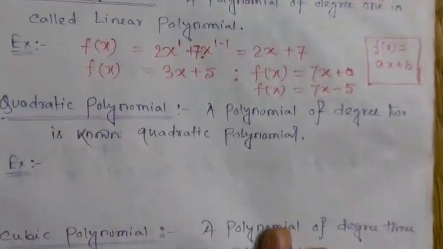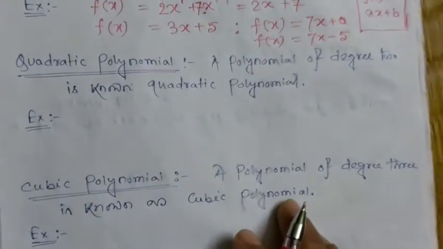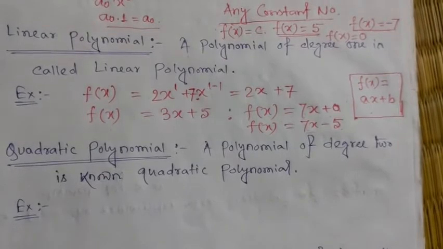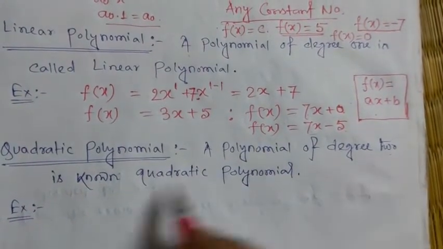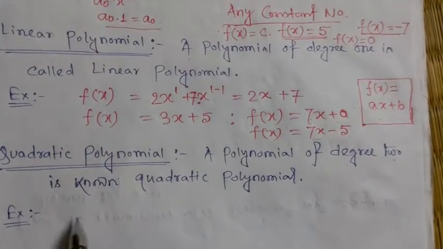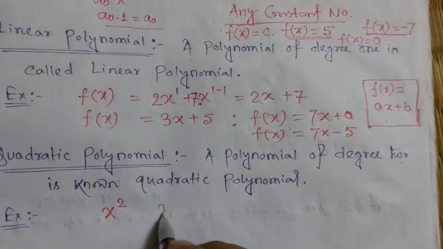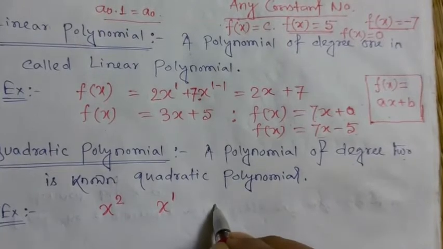Now the next one is the quadratic polynomial. A polynomial of degree 2 is known as a quadratic polynomial. The first term is x square, degree 2, then 2 minus 1, that means the power 1, then a constant term, that means a constant number.